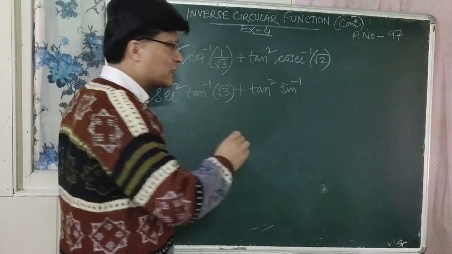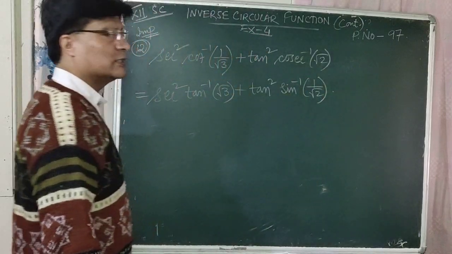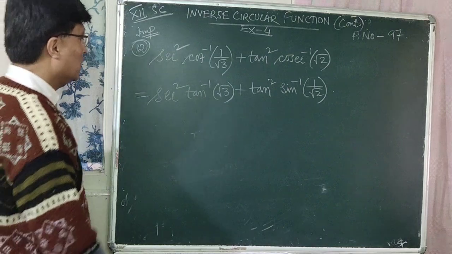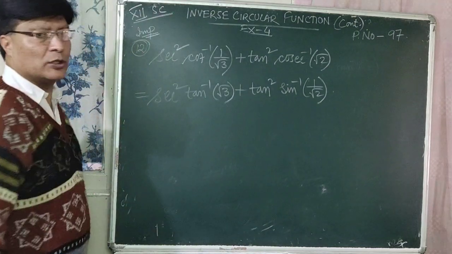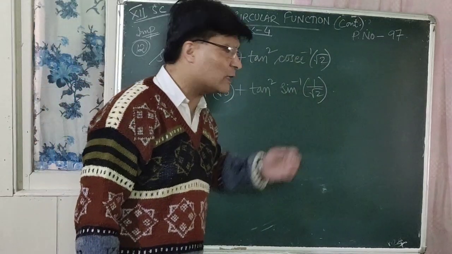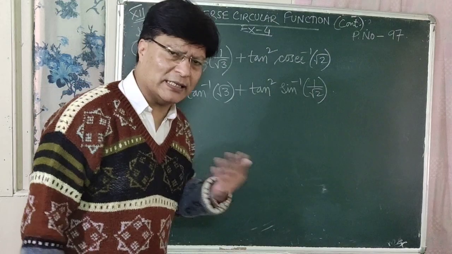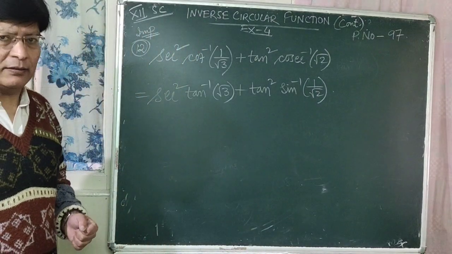If you make it upside down, it becomes 1 by root 2. Is that clear? So this is a positive value, root 3. That means it lies in the first quadrant. This is also plus 1 by root 2. It lies in the first quadrant. So in the first quadrant, you can easily get the angle, right?